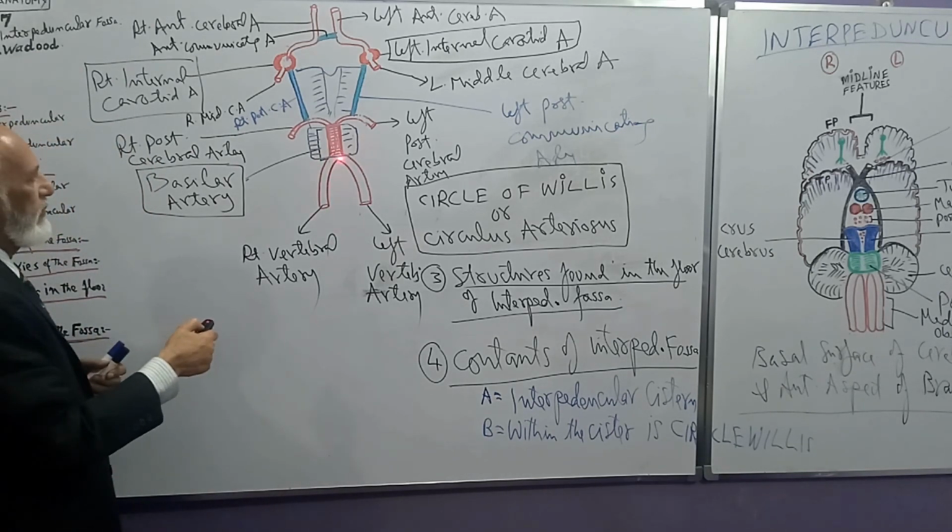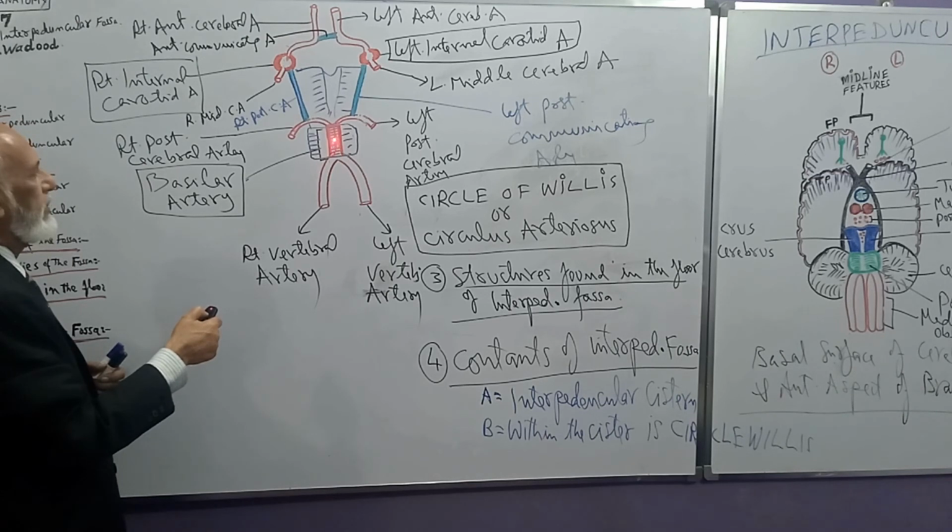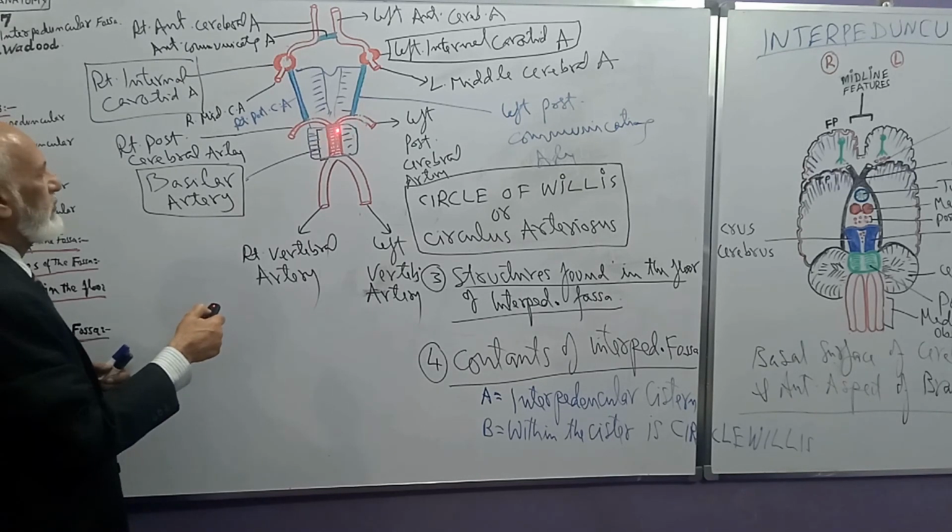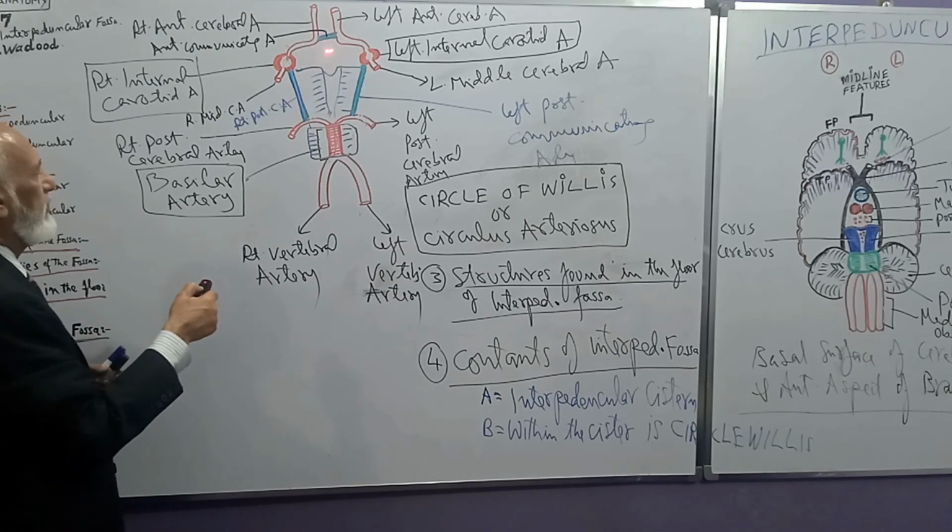At the lower border of the pons, the right and left vertebral arteries join to form the basilar artery. Then the basilar artery ascends over the anterior aspect of the pons. This is the upper border of the pons, and at the upper border, the basilar artery ends by dividing into right and left posterior cerebral arteries.